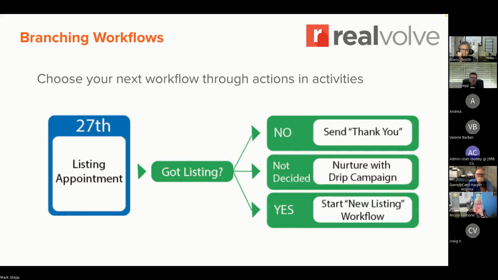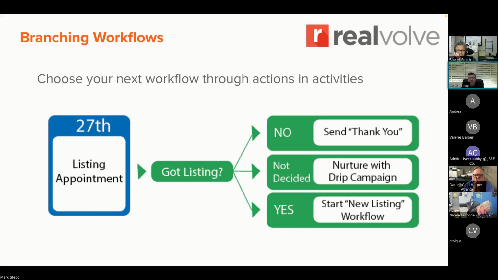Okay, branching workflows. This is another really good superpower that helps do some automation for you conditionally. So let's say, for instance, you have a listing appointment. Whenever you go to that listing appointment, you do your listing presentation, you leave.